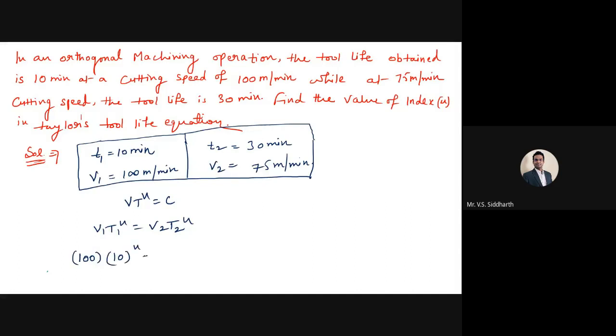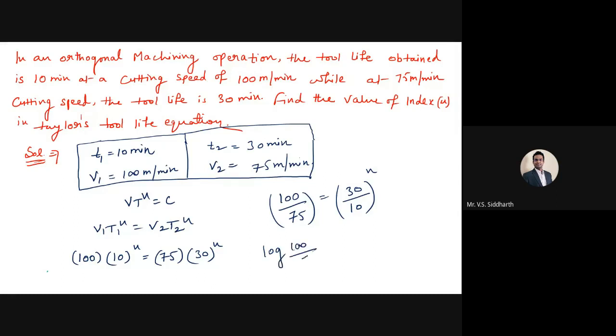So 100 times 10 to the power n equals 75 times 30 to the power n. Now 100 upon 75 equals 30 upon 10 to the power n. Now if I want the value of n, what should I do? I should take log on both sides. So log 100 upon 75 equals log of 30 by 10 to the power n.